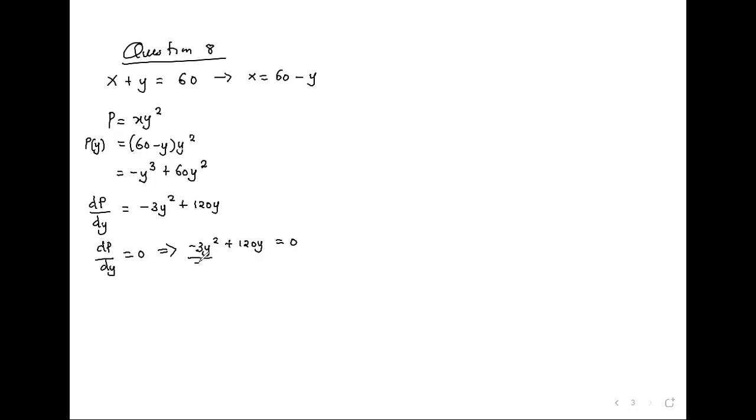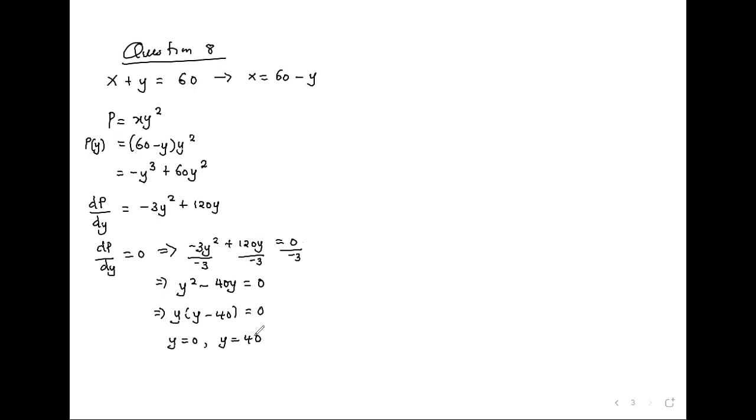Divide by negative 3. We are getting y squared minus 40y is equal to 0. So if we factor out y, we'll have y times y minus 40 is equal to 0, where y is 0 and y is 40. So we have two values of y there.